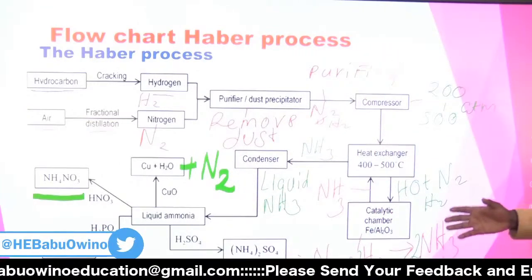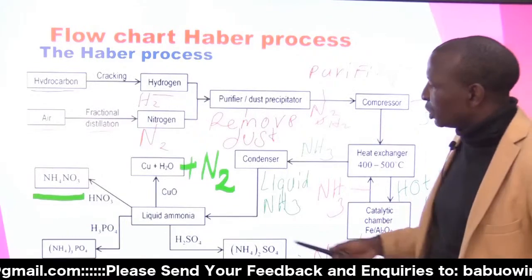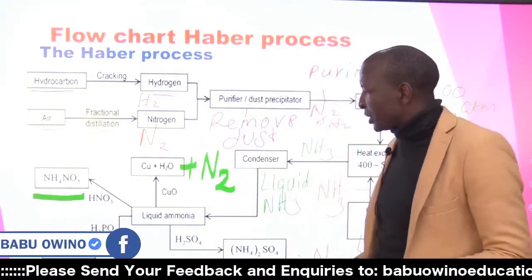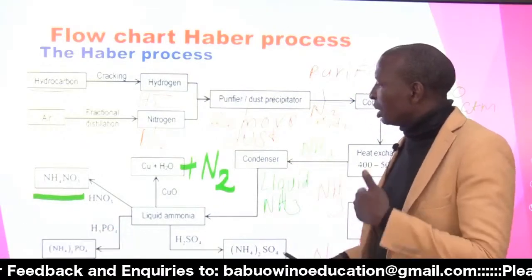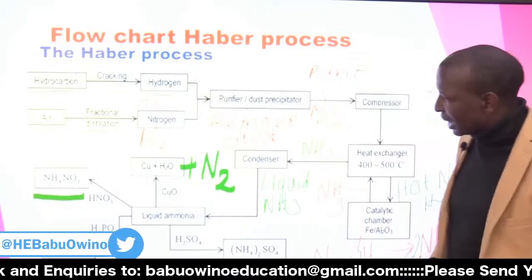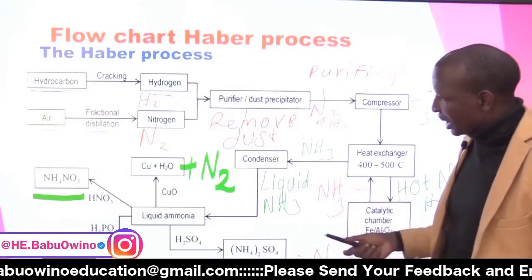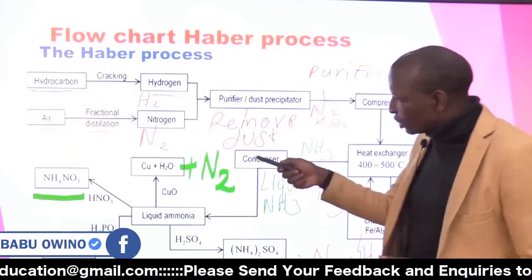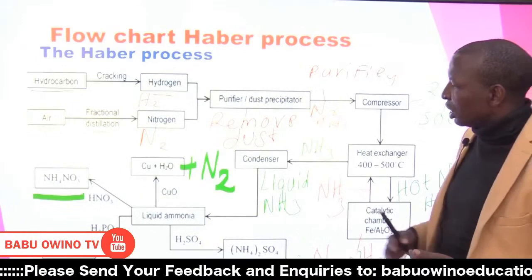So ammonia plus the copper oxide. Ammonia is a reducing agent, able to reduce the copper oxide to copper metal, and it is converted to water and nitrogen gas. So it is oxidized to nitrogen gas. Ammonia will reduce copper oxide to copper metal, but itself will be oxidized to nitrogen gas.